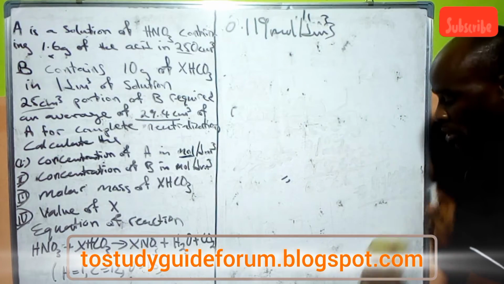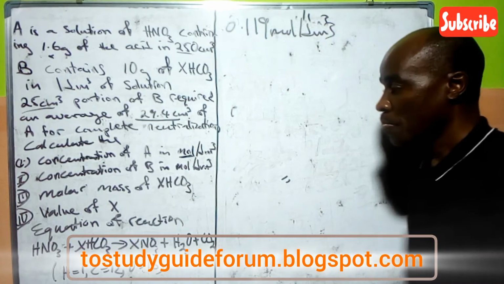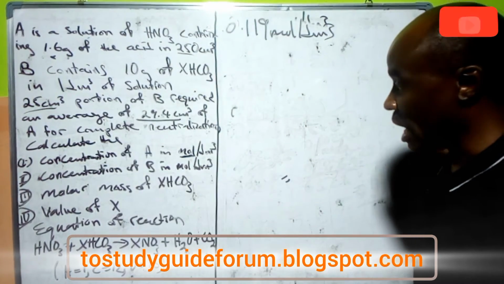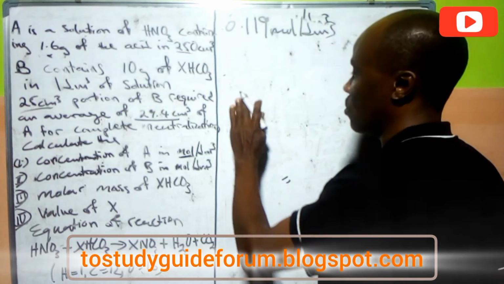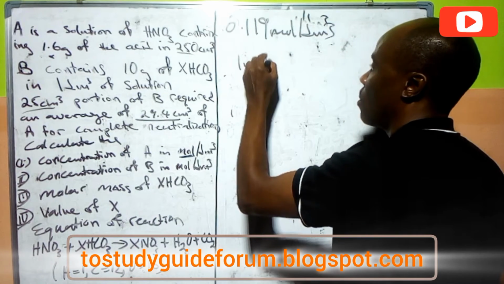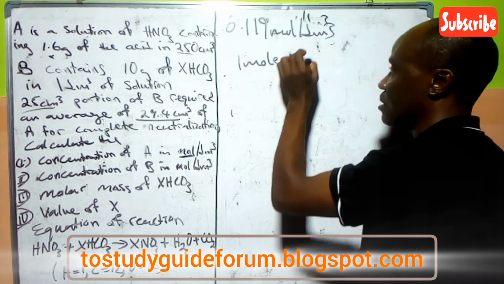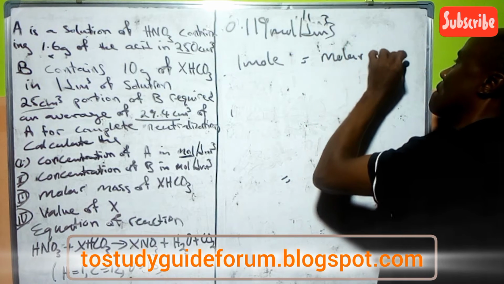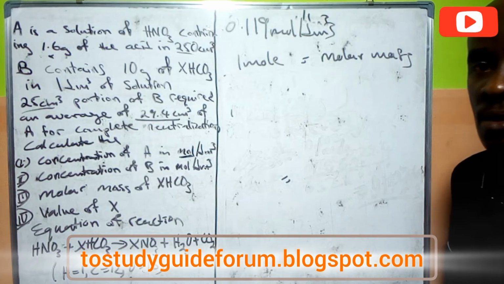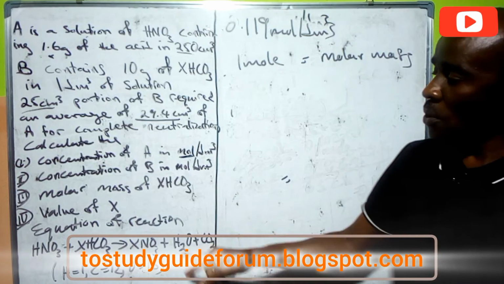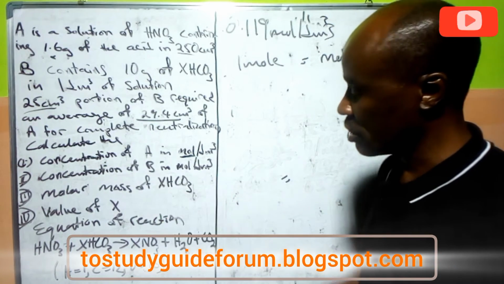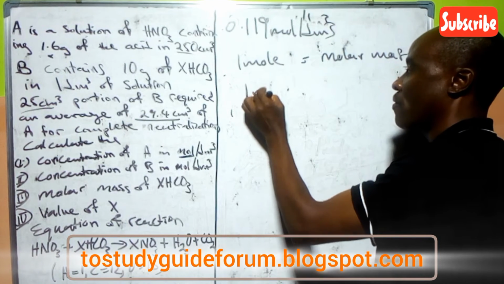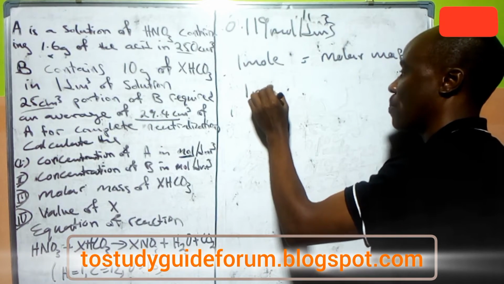So what are we going to do next? To solve the molar mass, we know, as we have already stated before, that 1 mole of any substance equals the what? Molar mass. Then 1 mole of S hydrogen trioxocarbonate will then be 1 mole of that compound.